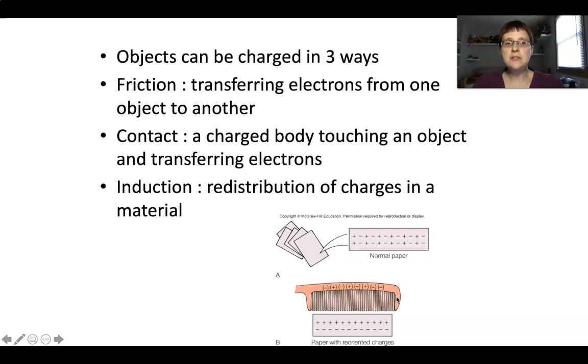Bring that negatively charged comb near the paper without touching it, and take a look at what happens to the charges. The comb is negatively charged, so it's going to pull the positive charges towards that side of the paper. That will in turn pull the paper towards the comb. Eventually, if the paper is light enough and you bring the comb close enough, the paper will actually be pulled close and stick to the comb.